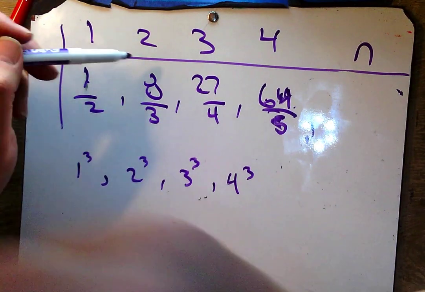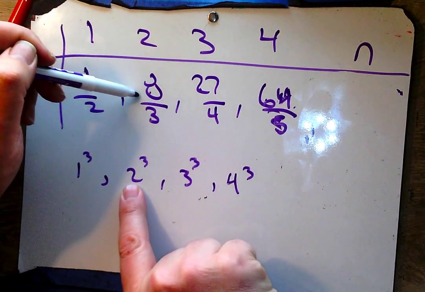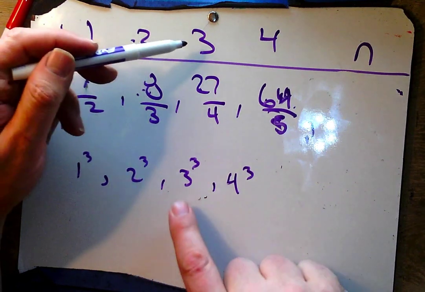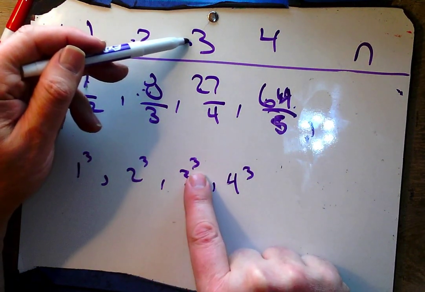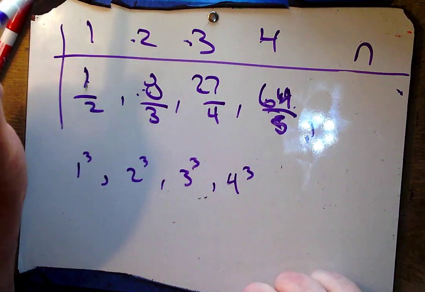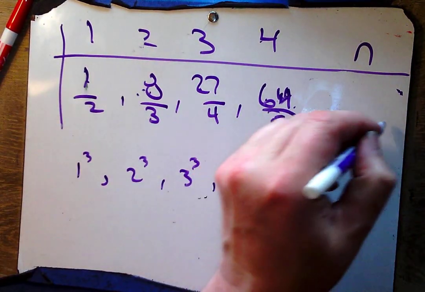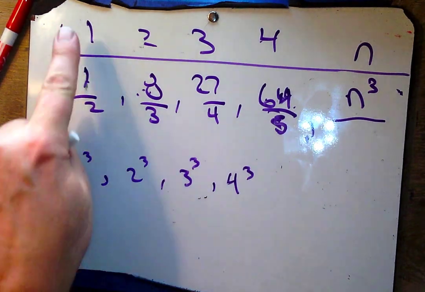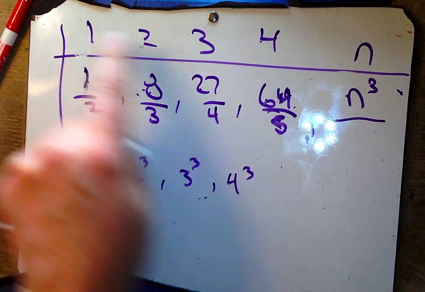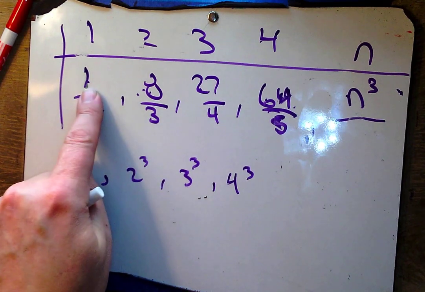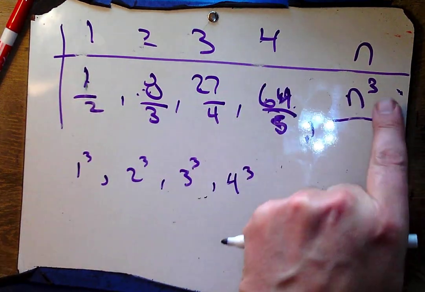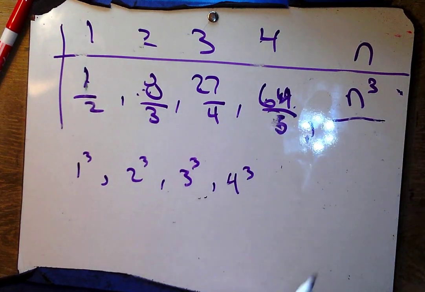Oh, well, isn't that interesting? 2 was the term number, and I want 2 to the third. I want 3 to the third. I want 4 to the third. And so I think my rule for the top is just n to the third. I take whatever that term number is, and I cube it, and I get the term value on top.